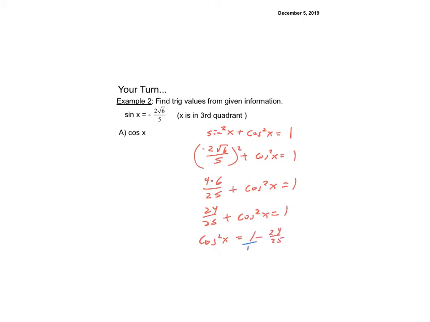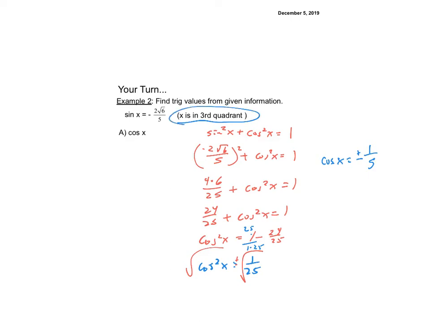I'm going to get a common denominator, which is 25. Okay, so now solving for cosine. I'm getting the cosine of x. The square root of 1 is 1. The square root of 25 is 5.